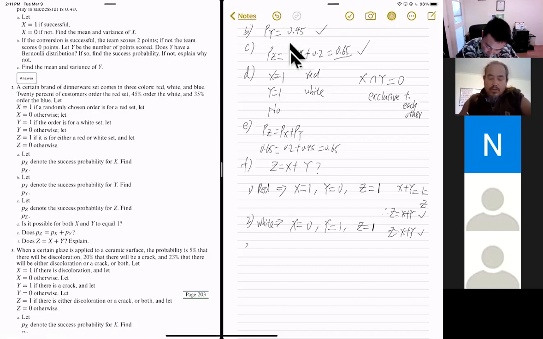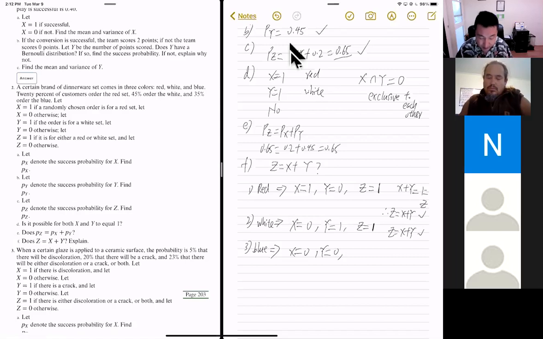So when the color is blue, X will equal 0. So X equals 1 when the color is red, otherwise X equals 0. And Y is also equal to 0, because Y equals 1 when the color is white.